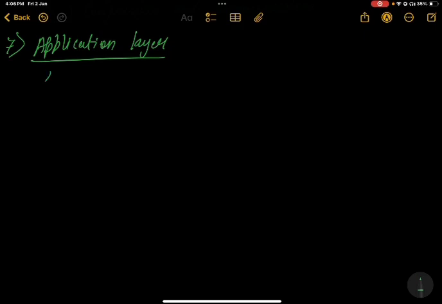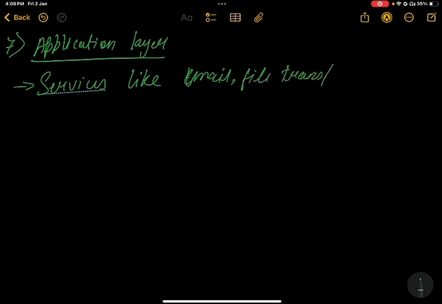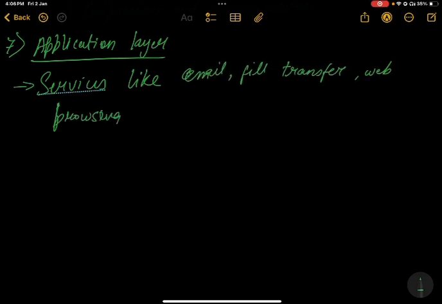It provides services like email, file transfer, web browsing, etc. This layer allows applications to access network services, but it does not include the application itself. It only provides the interface between the application and the network.